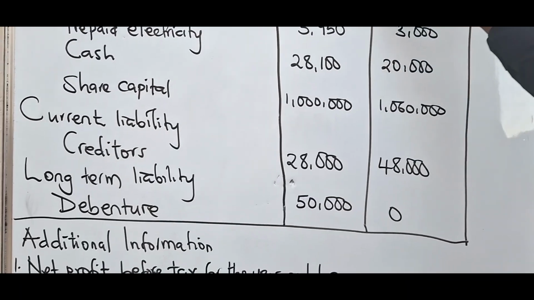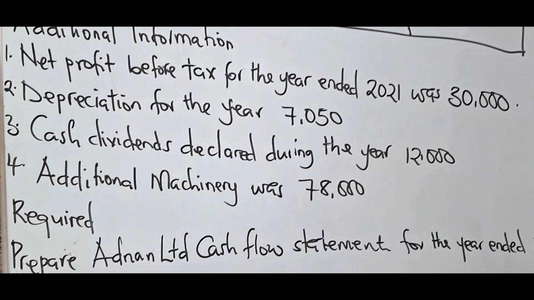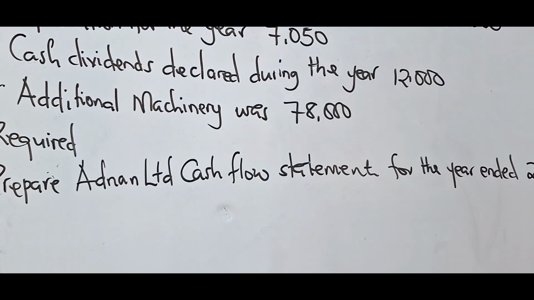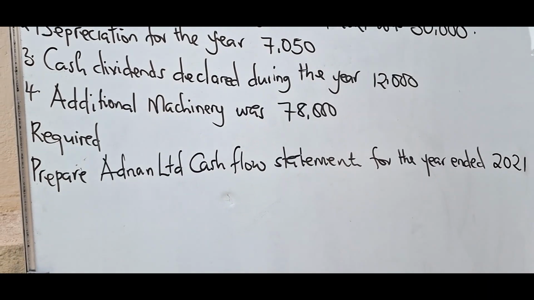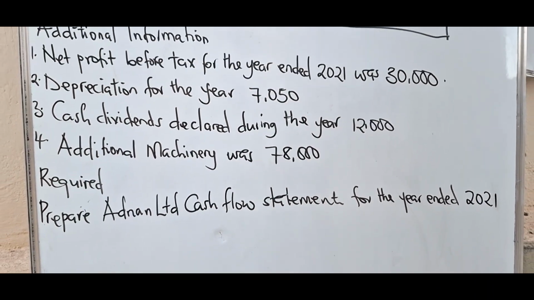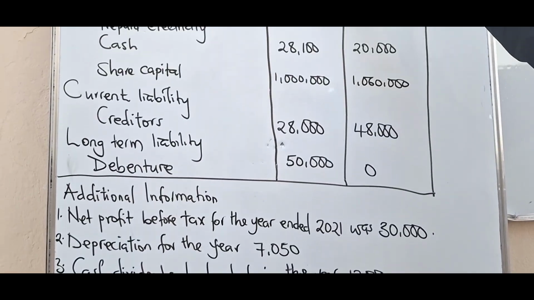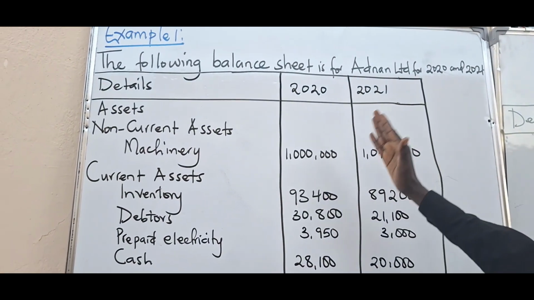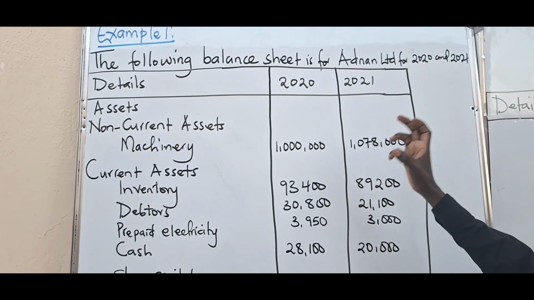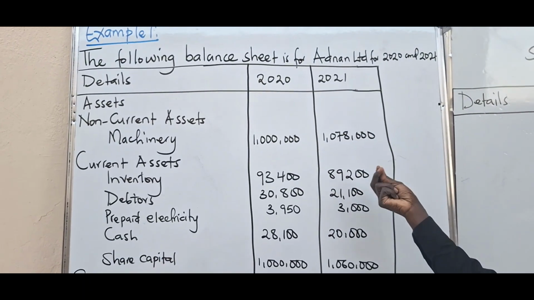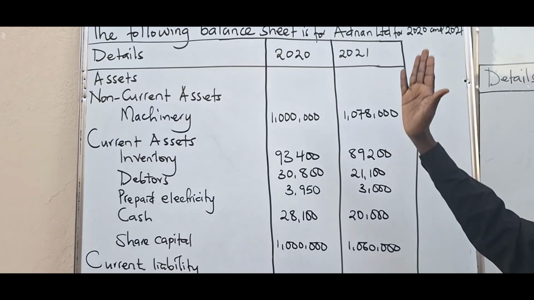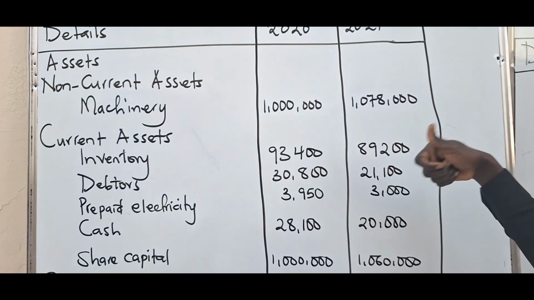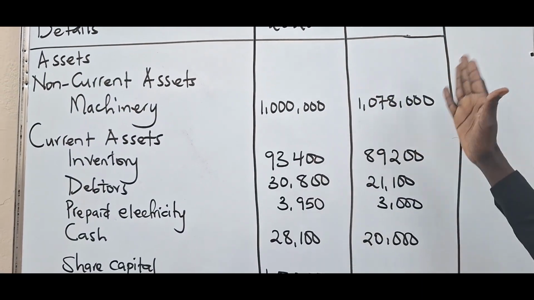When you look at this example, we have a balance sheet for 2020, we have a balance sheet for 2021. And they are showing you so that you can make a comparison of what happened in 2020 and what happened in 2021. As we are adjusting, we shall be able to identify the money which came in the business between 2020 and 2021 and the money we spent between 2020 and 2021.